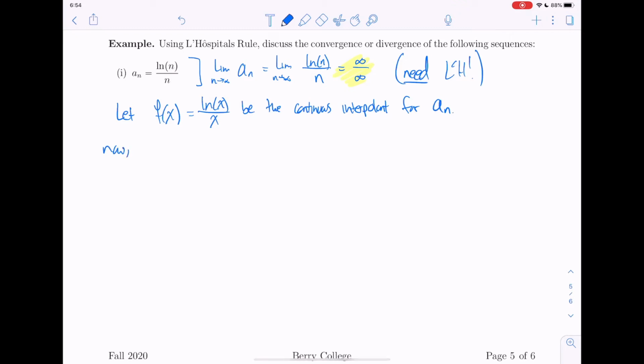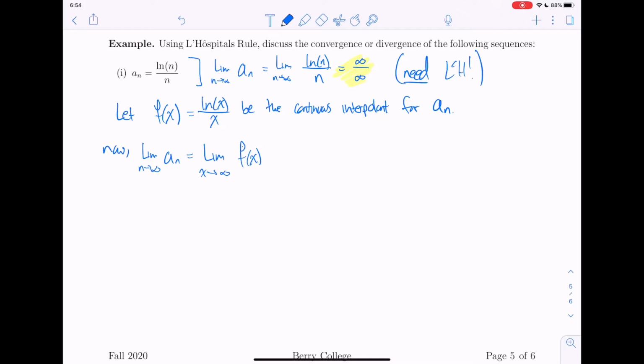Now we are going to look at the limit as x goes to infinity of f of x. The important observation here is that the theorem that we talked about in class tells us that this is equal to the limit as n goes to infinity of a sub n.